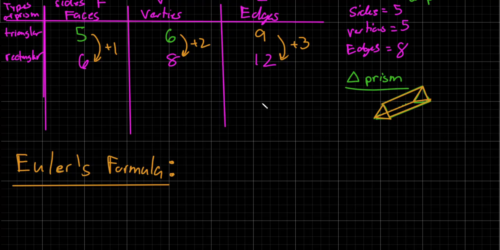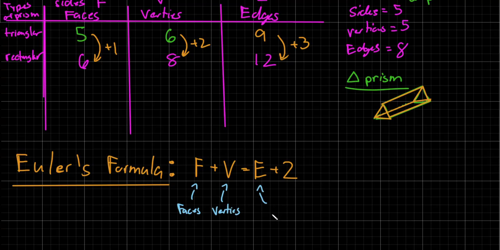This states that faces F plus vertices V equals edges E if you add 2. F stands for what? Faces. What does V stand for? Vertices. Yep.